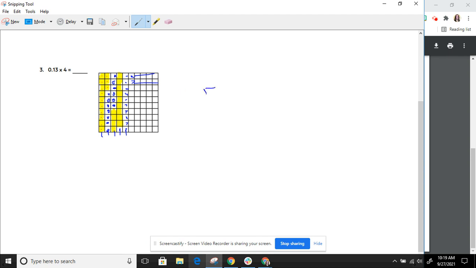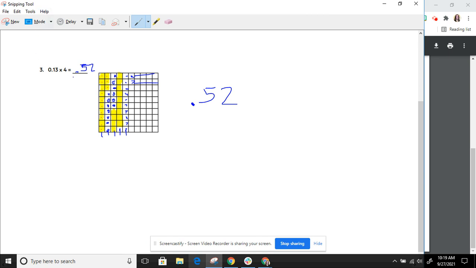So that's 52 hundredths. Hundredths, you got your decimal before there then. Tenths, hundredths, 52 hundredths. So 13 hundredths times 4 is 52 hundredths.